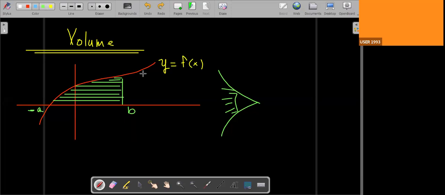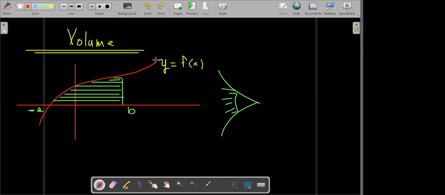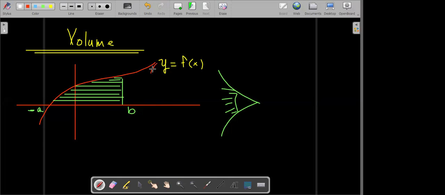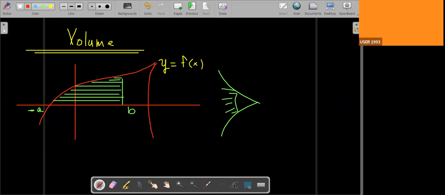Can you imagine what's going on then? If you just keep rotating the curve, imagine this is a rigid body and there's an axis like this. And then you just try to rotate that body around that axis through 2 pi radians. If you just visualize it, do you see that?